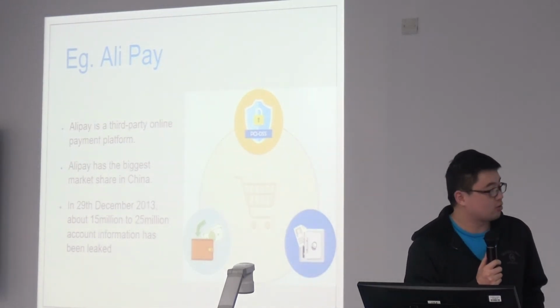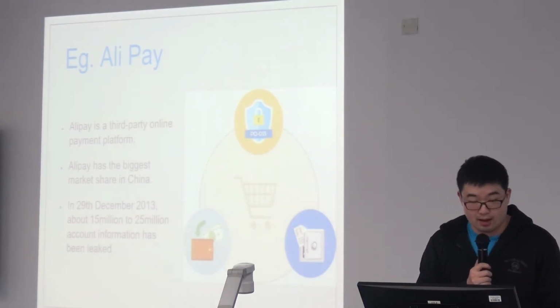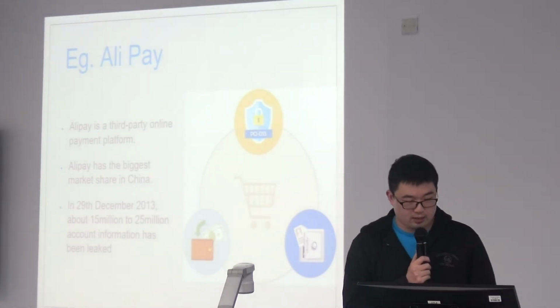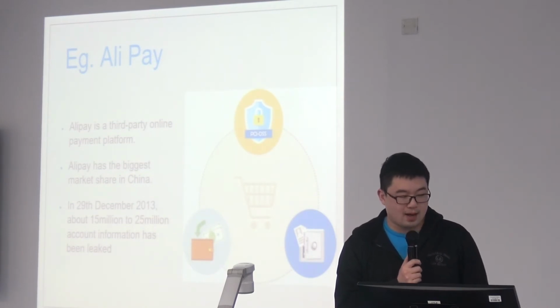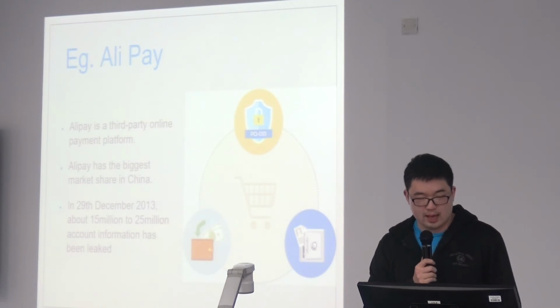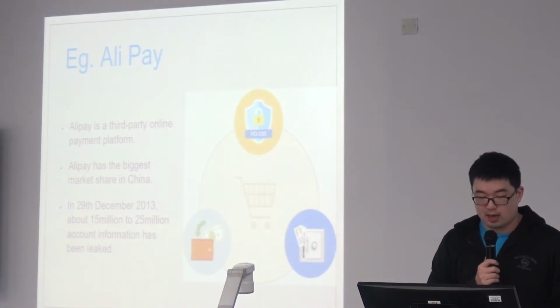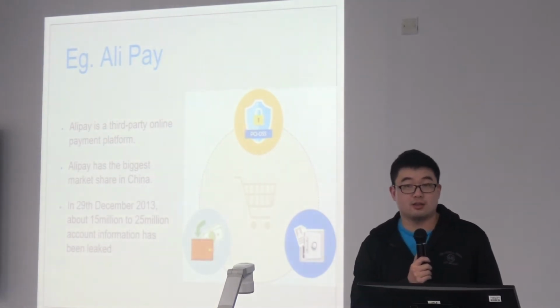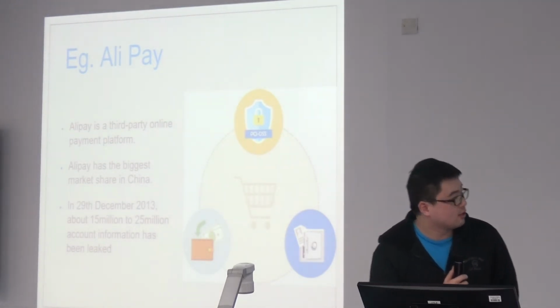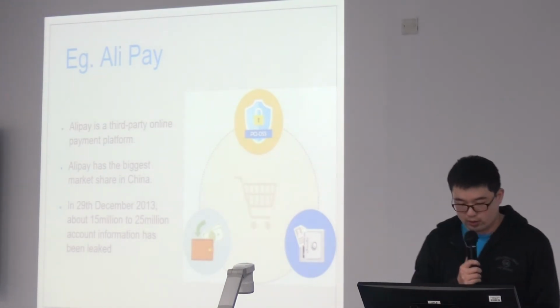But Alipay is a third-party online payment platform and has the biggest market share in mainland China. But on 29 December 2003, about 20 to 50 million account records were leaked. This will cause very bad consequences.